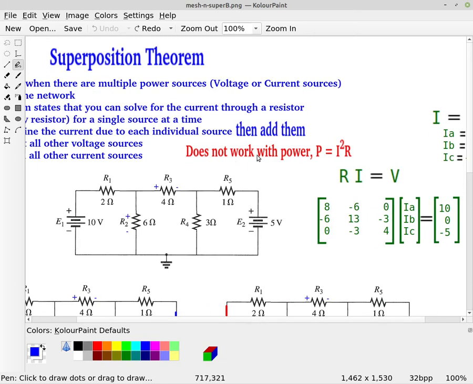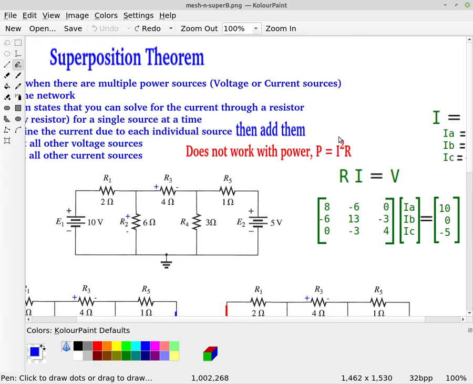Okay. So before we get started doing that, we're just going to look at a couple of things. Number one, superposition theorem does not work for power, because if you remember, the power through a resistor is I squared R. So it's not a linear addition, it's a square term, and so therefore you have to find the current and then the total current using superposition, and then you could find the power of the resistor.